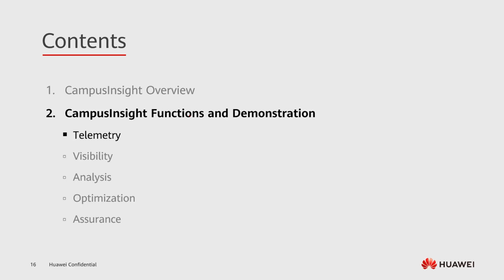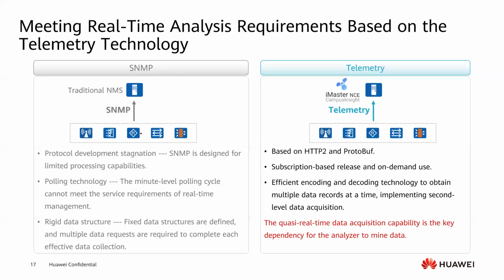Okay, this is the overview of the CampusInsight, and next we will introduce some basic functions and some use cases about the CampusInsight. The first is the basic technology for the CampusInsight, and it is also a function of it: the telemetry.